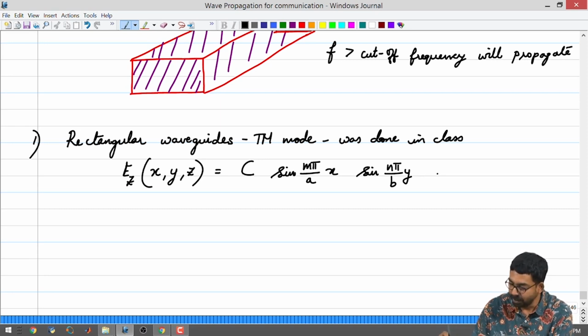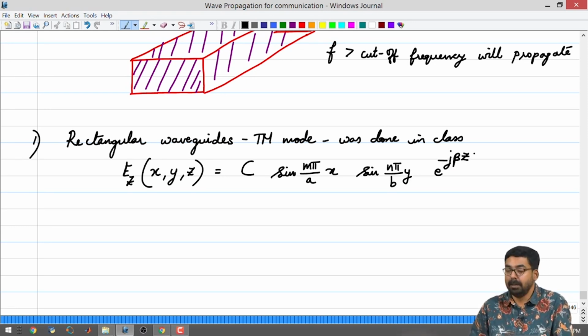If we are talking about the forward wave only, we had a description which said that it will form a plane wave, a propagating wave along the length of the waveguide, the longitudinal direction of the waveguide.